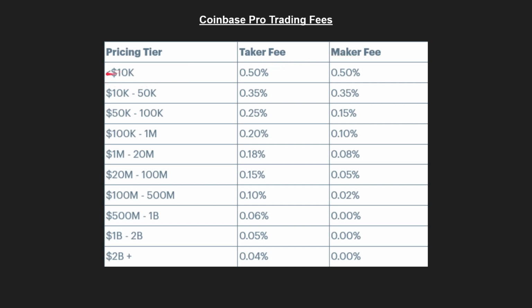So at the pricing tier, this is typically in terms of volume, a monthly volume, a 30-day rolling volume average. So if you're only trading about $10,000 or less, which is typically a small amount, you won't see a difference between whether or not you're being a market maker or a market taker. They're both at 0.5% per transaction.